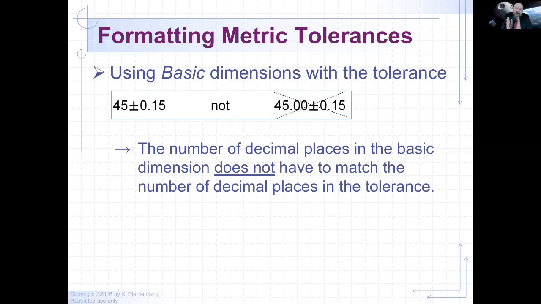You're assuming that the base size is very tight, but it really isn't, because the tolerance isn't decided by the basis size, it's decided by the range around the basis size. So hopefully that makes some sense.